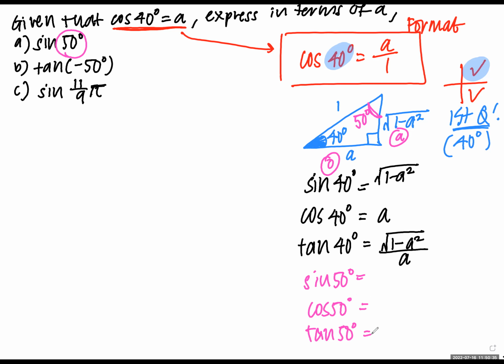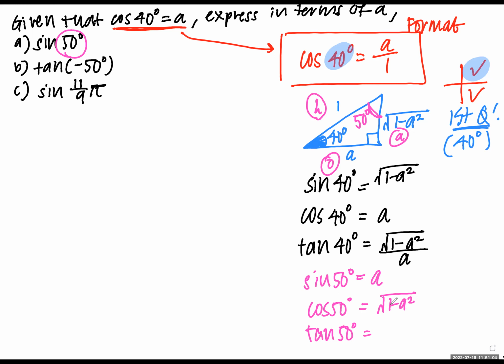So what is sine 50? Sine 50 is A, because sine 50 is O over H, which is A over 1, which is A. So far, so good. What about cos 50? Cos 50 is square root 1 minus A square, because it is A over H, and H is 1, so it's still the same.